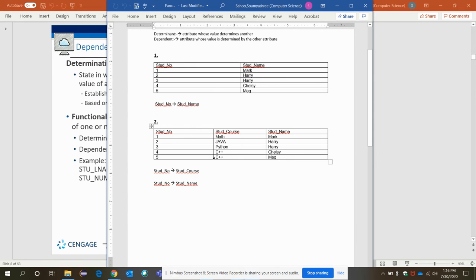If someone wants to find out which student took this course, you can directly track the student number associated with it, which is 5, and determine that 5 is associated with the course C++. Student name is also determined by student number, so it will also act as a dependent, and student number will be the determinant. So this is all about functional dependency.